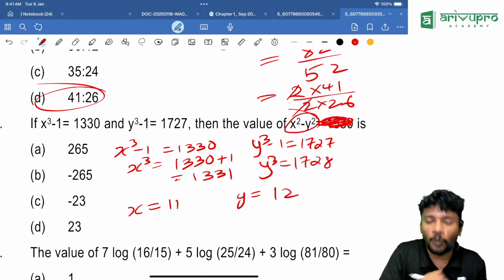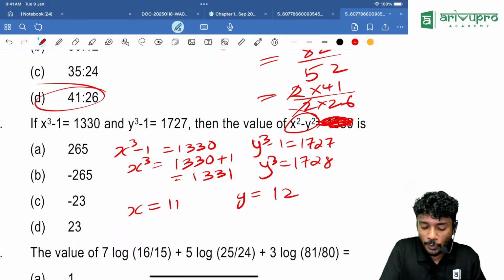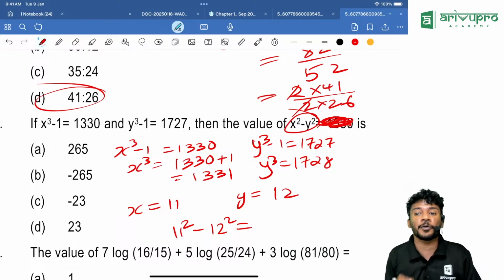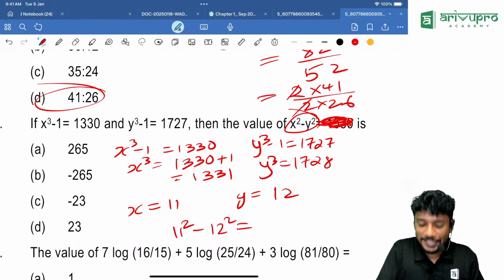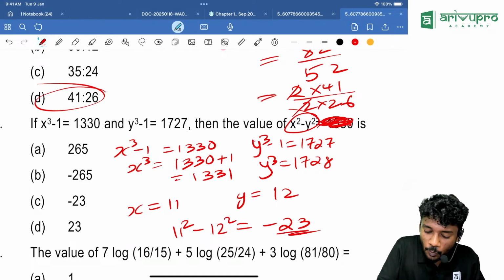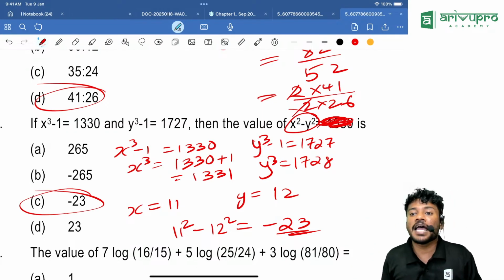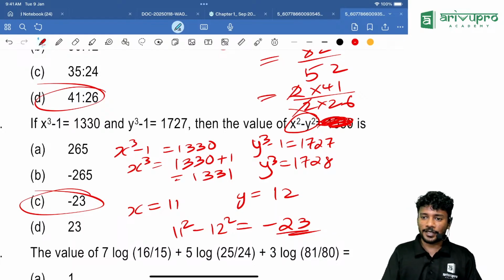What are they asking now? x square minus y square. That means 11 square minus 12 square, that is 121 minus 144, which is minus 23. Option C is our answer. Are you catching up, everyone?